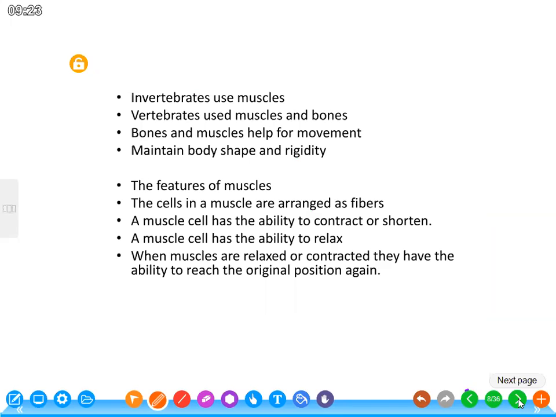Invertebrates use muscles. Invertebrates means an animal lacking a backbone.